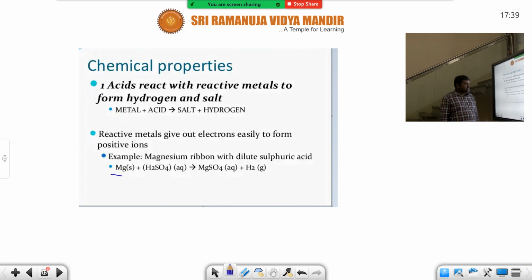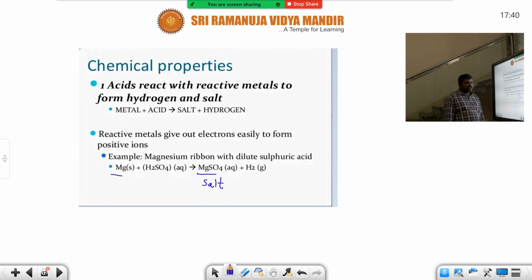Magnesium, a reactive metal, reacts with sulfuric acid to form magnesium sulfate, MgSO4, which is a normal salt.